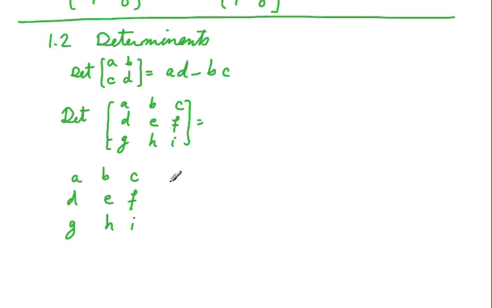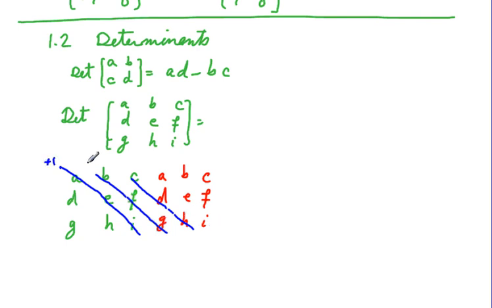Here is the easiest way to rattle off all the entries. The easiest way is just to copy your matrix again. Sometimes you don't copy the last column. And then on this, look at the main diagonal and this one and this one.